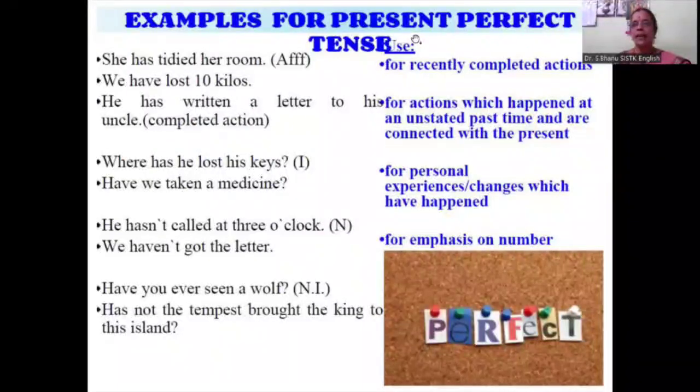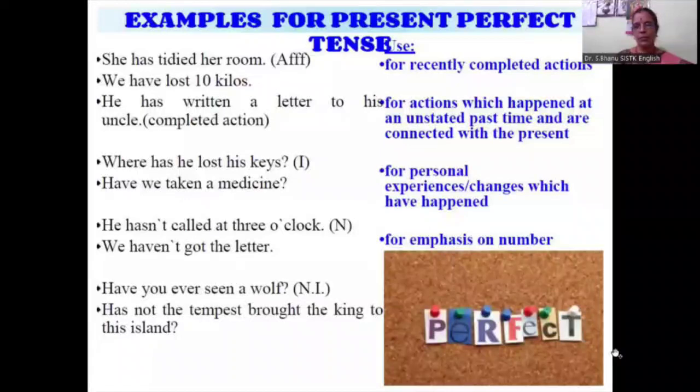Perfect means here that just now it has been completed.